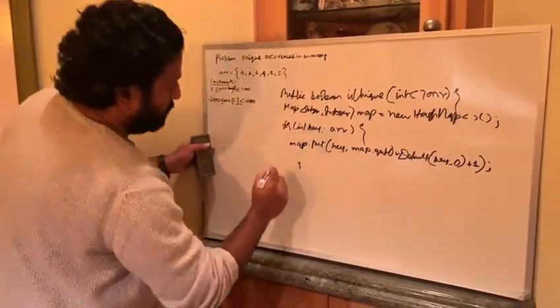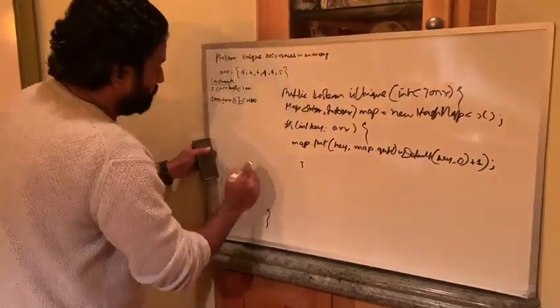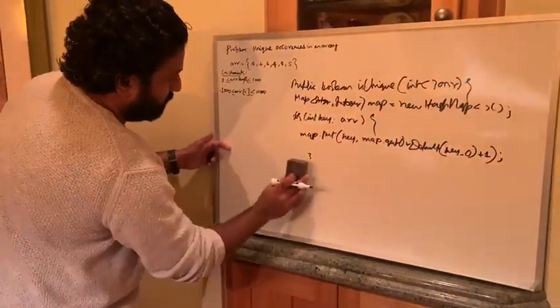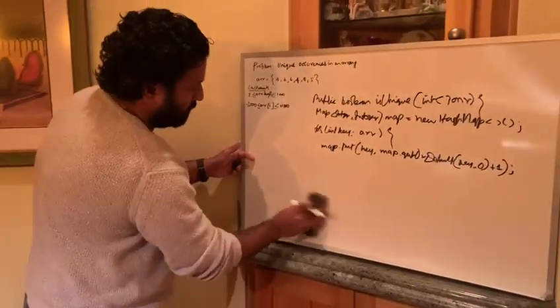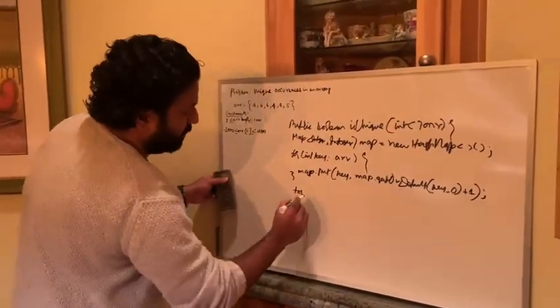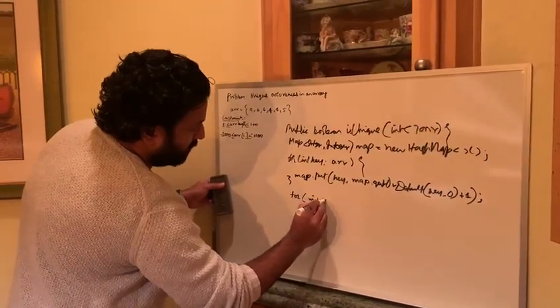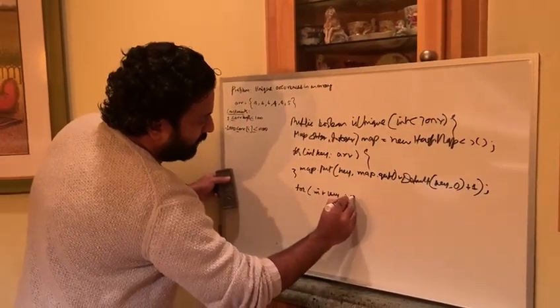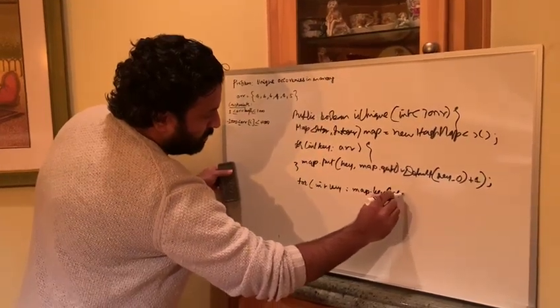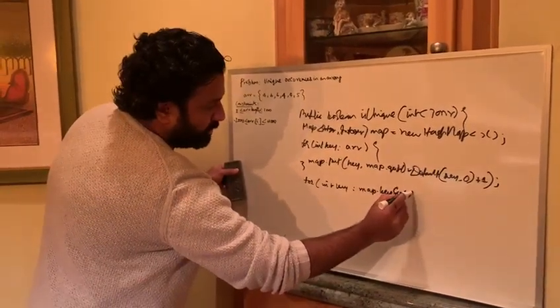And then we are going to open a for loop for int key in the map.keySet. This is a method in the map.